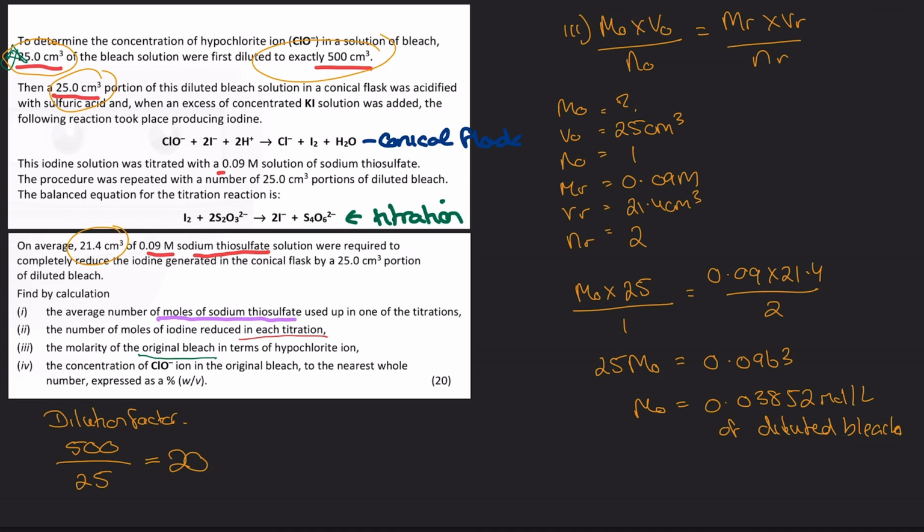So the original bleach would be 20 times stronger in terms of concentration than the diluted one. So you're going to multiply that by 20. And when you do that, you will get 0.7704 moles per litre in original bleach. And that is the third part done.